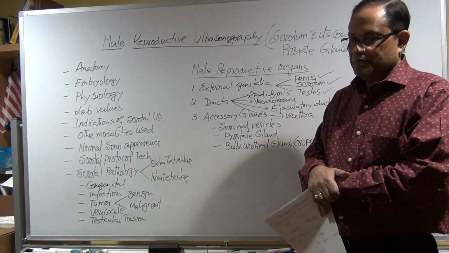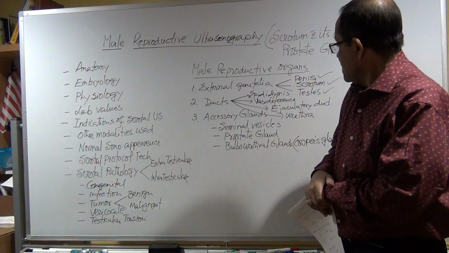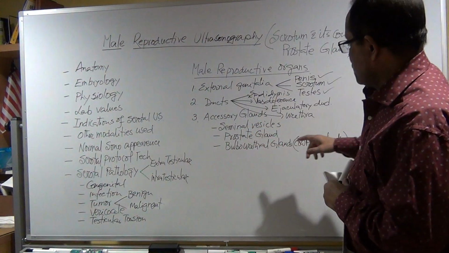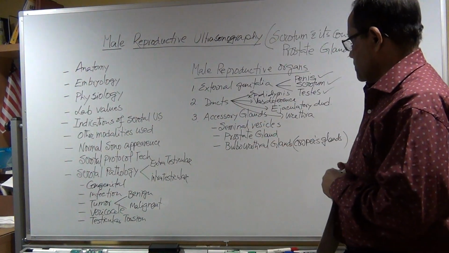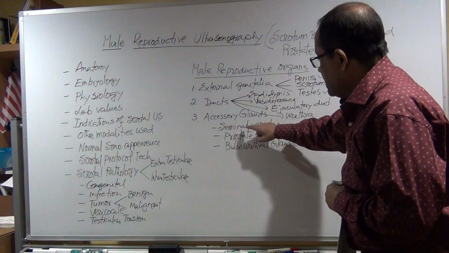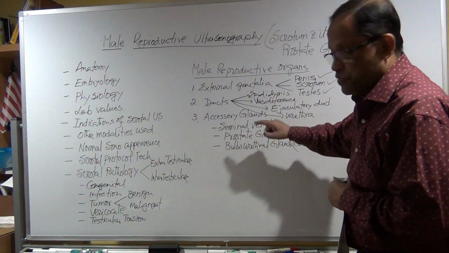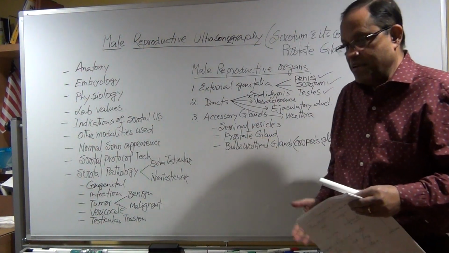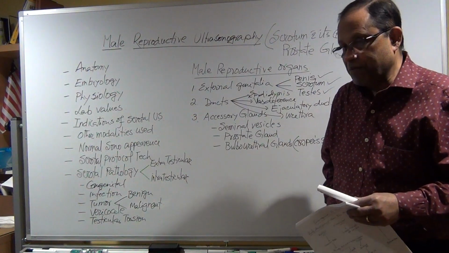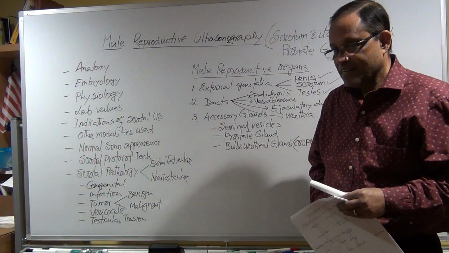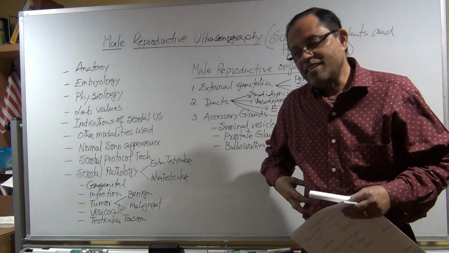And now the male reproductive organs, look here, the seminal vesicle. If the seminal vesicle is absent on one side, say if my right side seminal vesicle is absent, my right kidney will be absent.